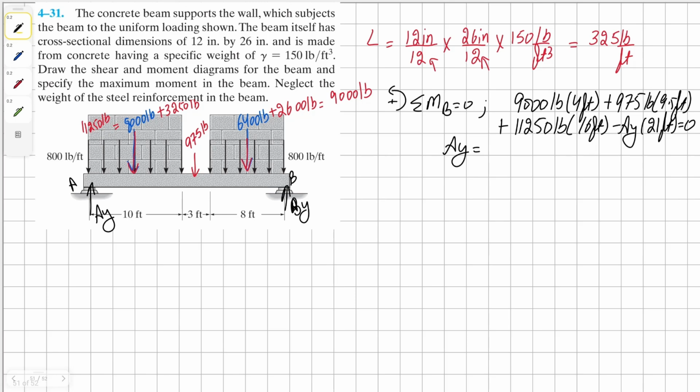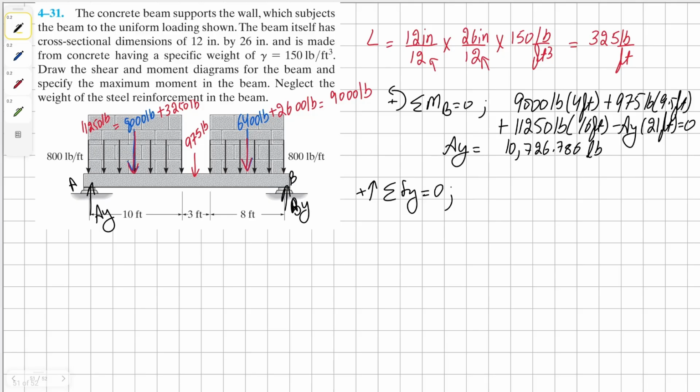Solving for AY, we get our solution as 10,726.786 pounds. And then to find our BY, we simply have to sum the forces in Y direction.